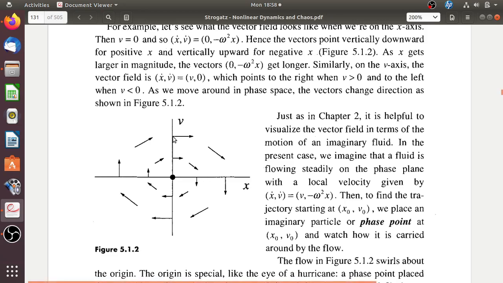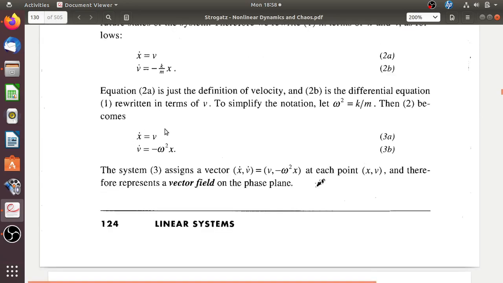Say I'm at this point. So this is some positive v value and 0 x value. Now look at this equation. Some positive v value means x dot is some positive value, but x value is 0, so v dot is 0. It means because of v, there's going to be a change in x, and that change is positive, which means x is going to increase.